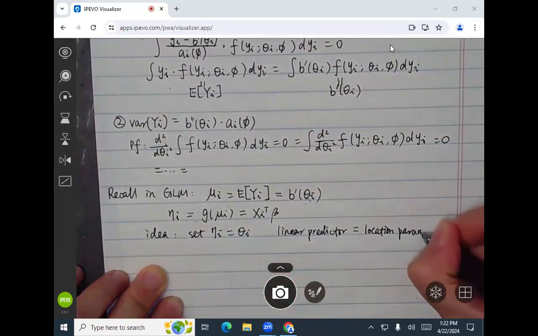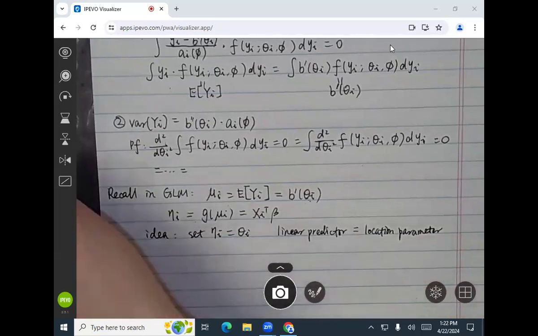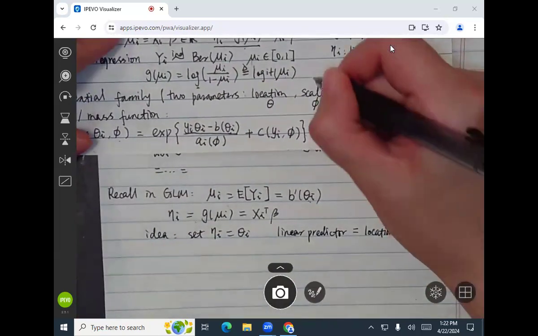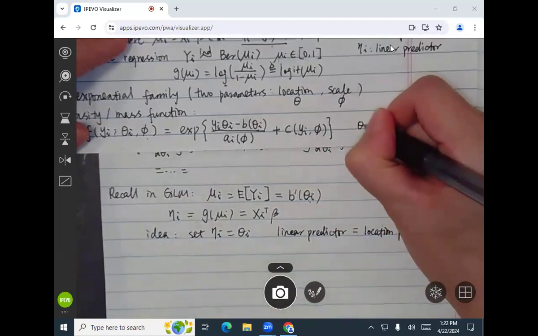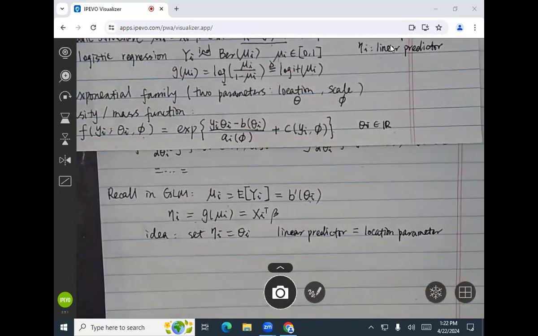You set it. Why is this reasonable? The reason is that in the exponential family, theta I takes real values. So theta I is not a parameter that is restricted in the range. So this satisfies our desired property for the linear predictor, which should be real valued. It should be no restriction. And that matches the theta I.